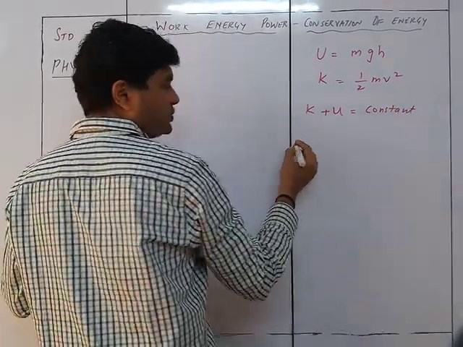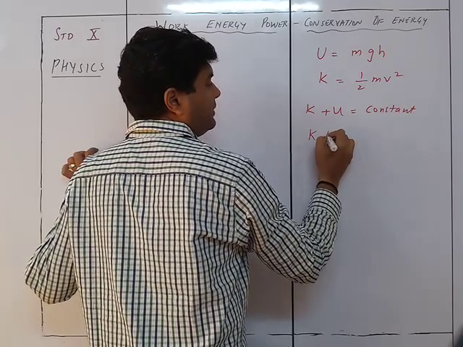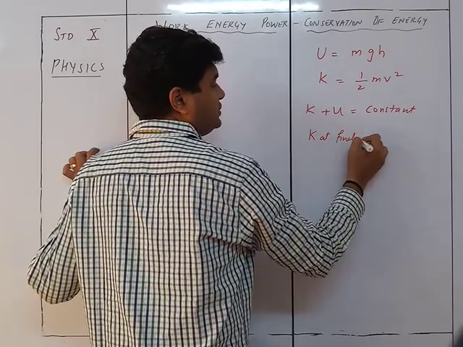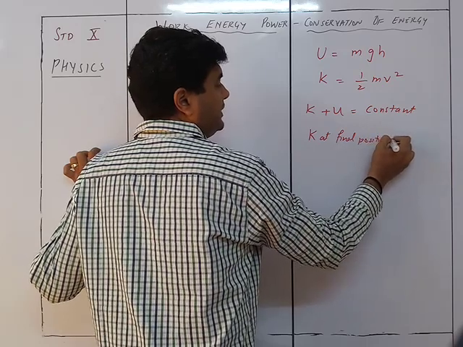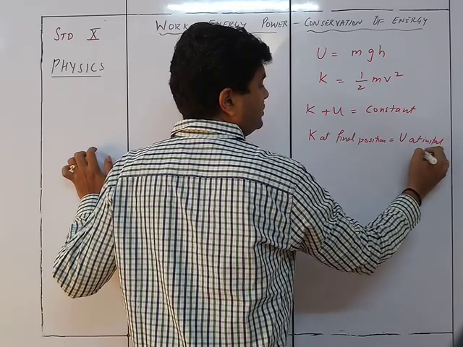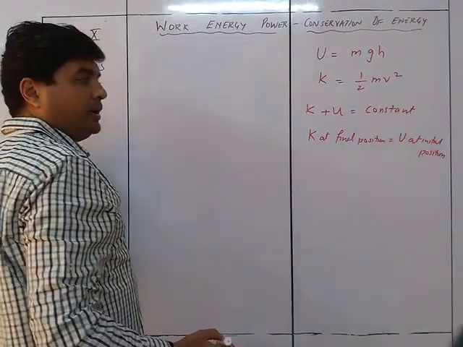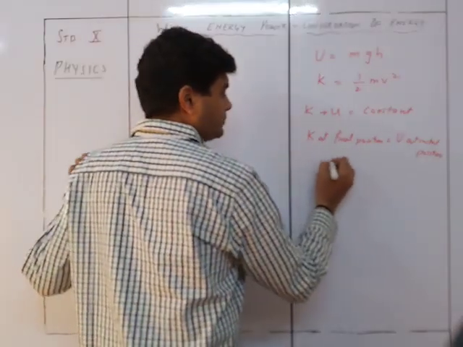Or we can also write that K at final position is equal to U at initial position. This is for a freely falling body, or vice versa.